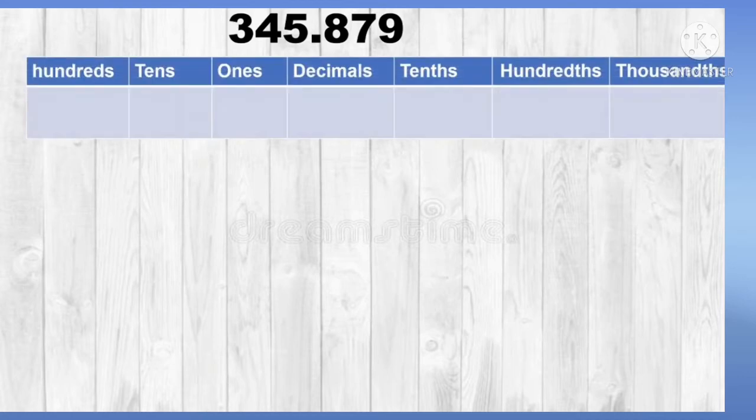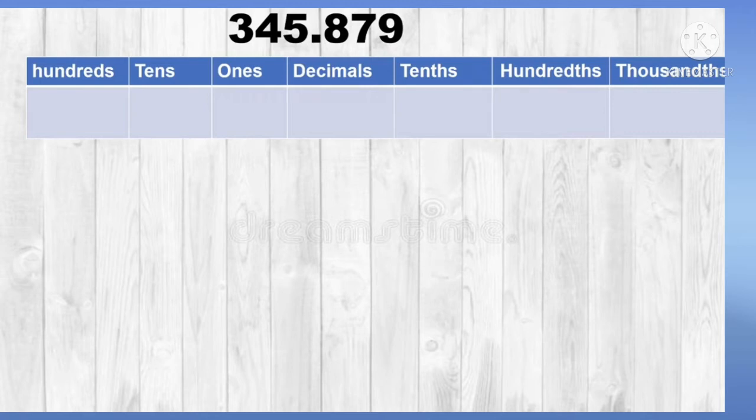So, let's look at the place value of each of these digits 8, 7, and 9: the place value, the value, and how it can be written in decimal form or in letters. Okay? So, we will make a table where the place value of each number is indicated. So, we will put them in their place values.